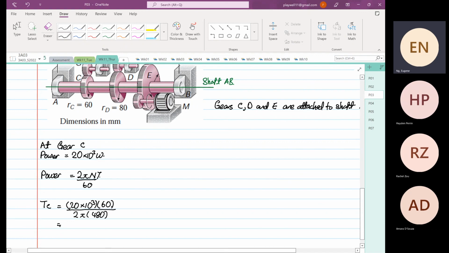Okay, so the torque at C, 20 times 10 to the power 3 times 60 divided by 2 pi times 480, is equal to 397.887 Newton meter.